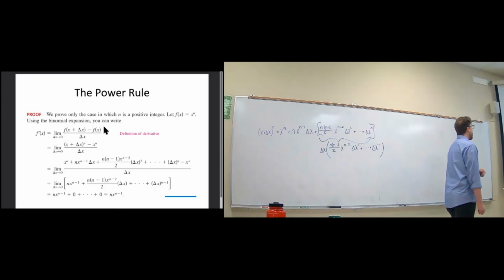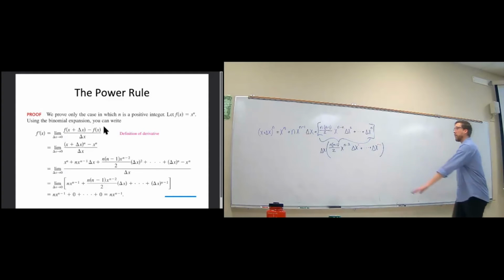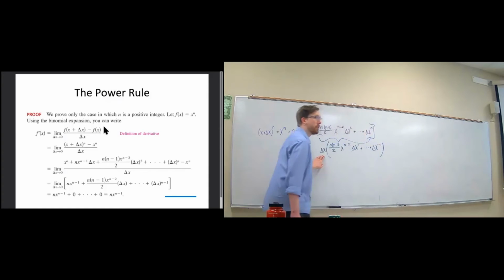Well, right away, we get a cancellation. X to the n, x to the n, we both cancel. So that means we're just left with these terms here. But each of those terms have a delta x. So when we factor them out, we get n times x to the n minus 1. This has been factored out. Plus everything like we wrote here. Agreed?